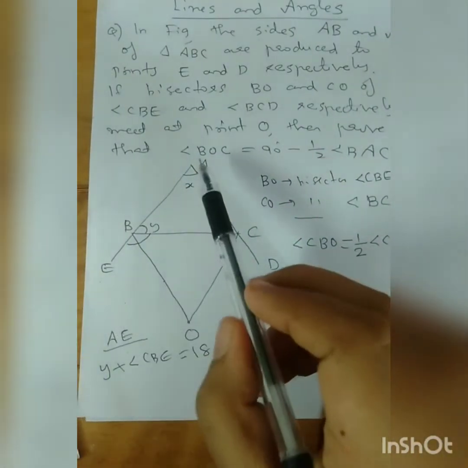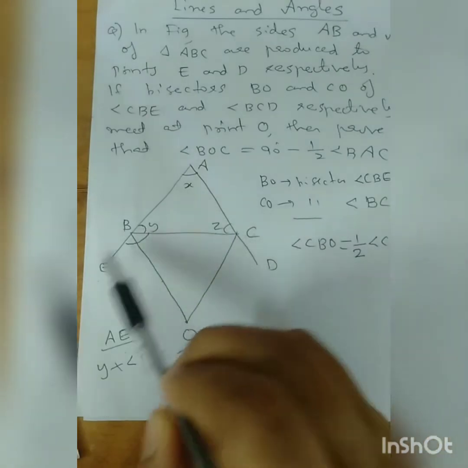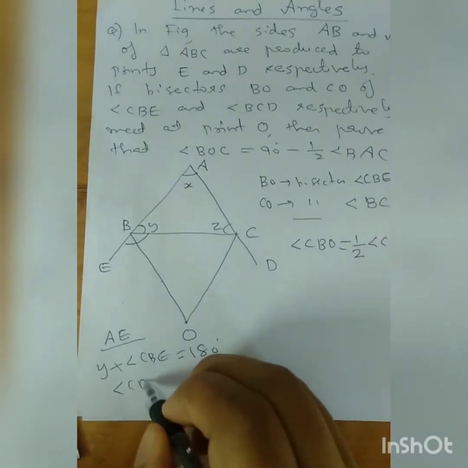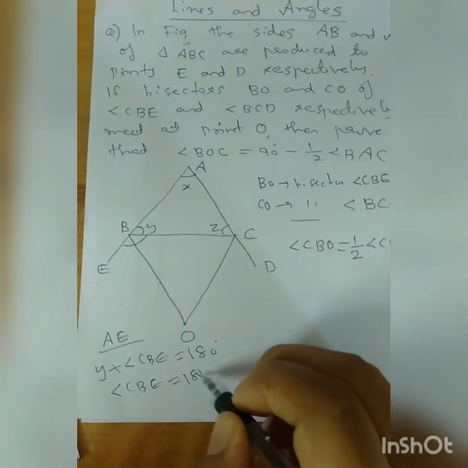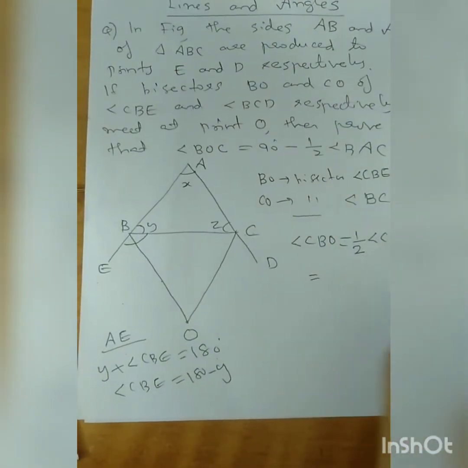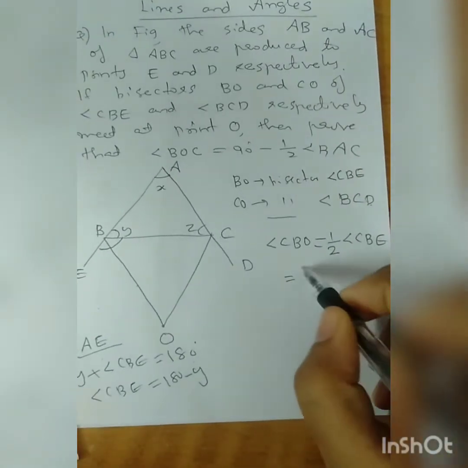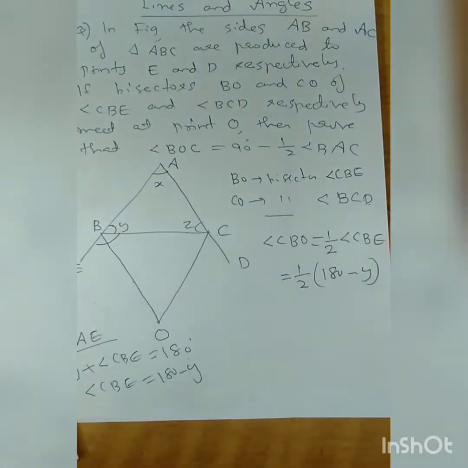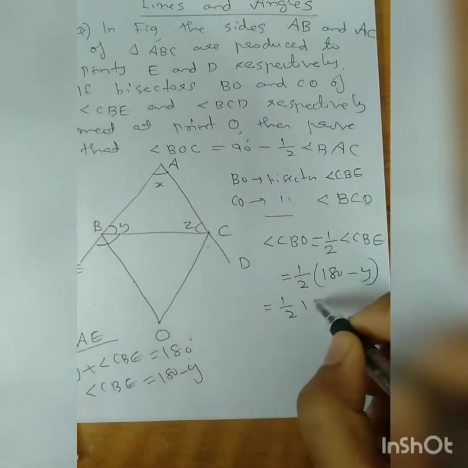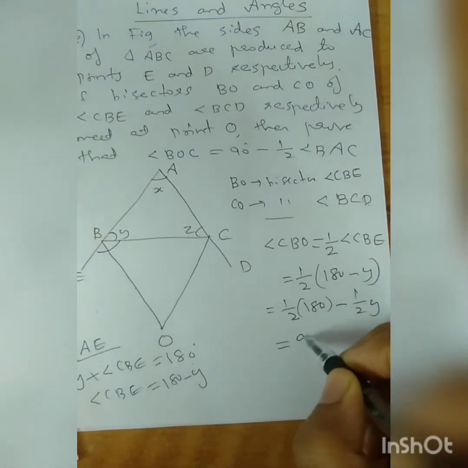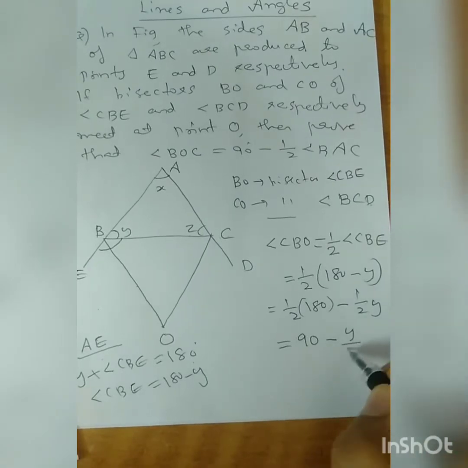Angle ABC plus angle CBE is equal to 180, angle ABC is equal to Y. Therefore angle CBE is equal to 180 minus Y. So angle CBO is equal to half into angle CBE, which is equal to half into 180 minus Y degree, which is equal to half into 180 minus half into Y, which is 90 minus Y by 2.